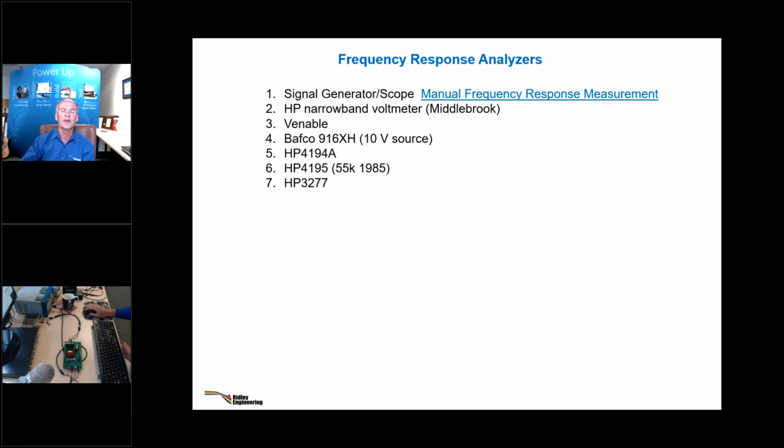And the thing that was really nice on the Bafco was it had a 10-volt source. So it was a fairly reasonable amount of power from the source as well. So they were the first ones to do that, which when you're driving a power circuit, as we're going to see, sometimes you need that powerful source. So we bought one of those instead of the Venable, because that was only 5K instead of 30K.